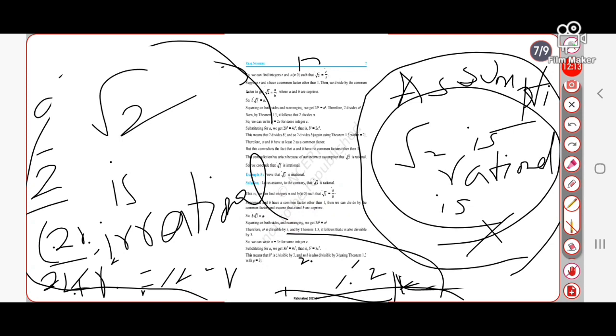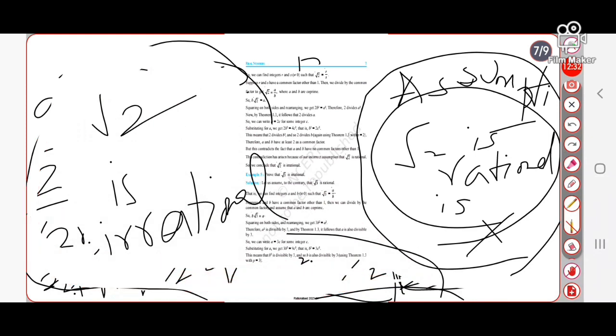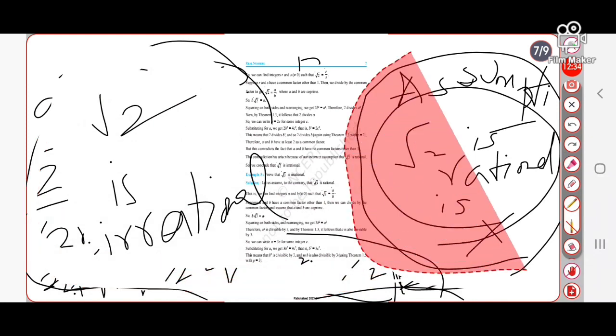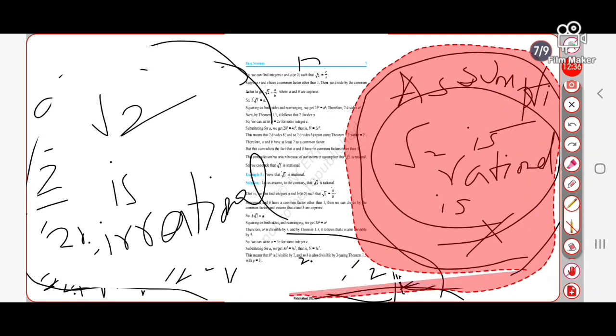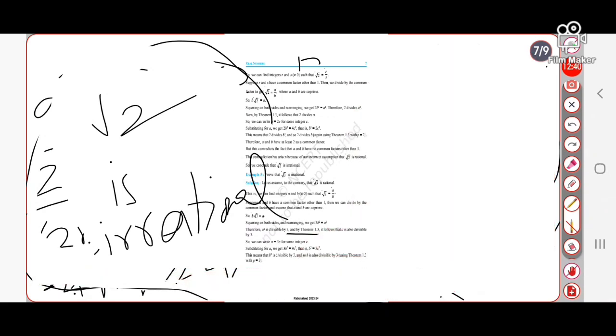Now again squaring it, we got what we arrived at: q square equal to 2r square. So with respect to this, again we get that the result is divisible by 2. So with these assumptions, we arrive that this assumption of root 2 being rational is a failure, so at last proving it to be an irrational number.